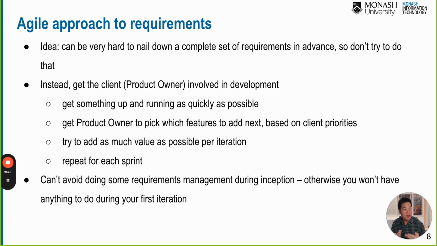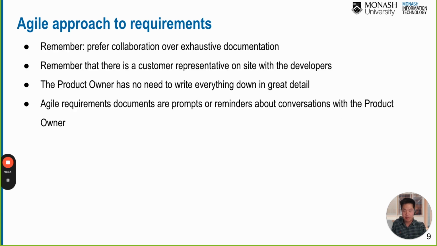So we focus on the most valuable features first as the top priority. That's requirement engineering within the Agile process, and it is aligned with the values. They really focus on collaboration among the team and the stakeholder, rather than exhaustive documentation. Remember, don't forget this one.